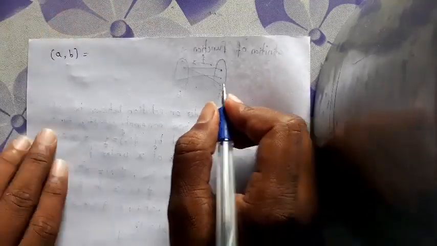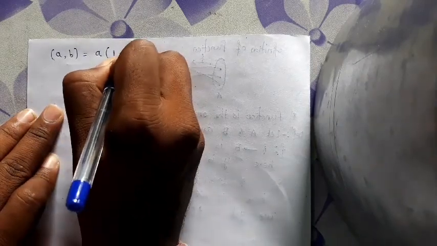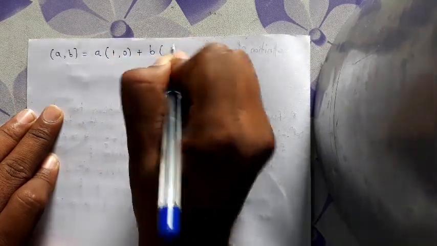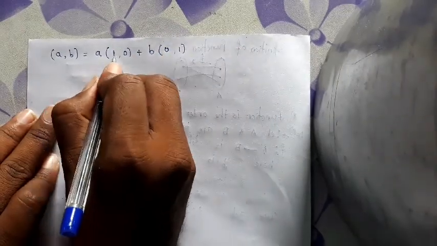Look at here. Suppose I am taking a and b. For a and b, in vector spaces we have already seen this kind of problem. If we take a outside, we get 1 here, and instead of b we can take a 0 here, plus take b common, first position is 0 and here is 1. After substitution, a into (1,0) plus b into (0,1), if we add this we get (a,b).